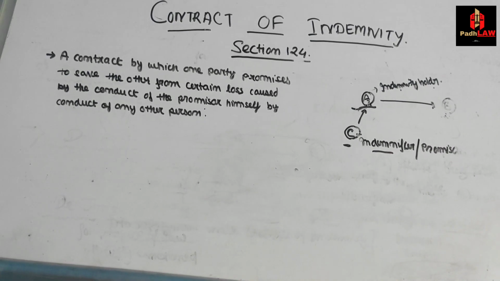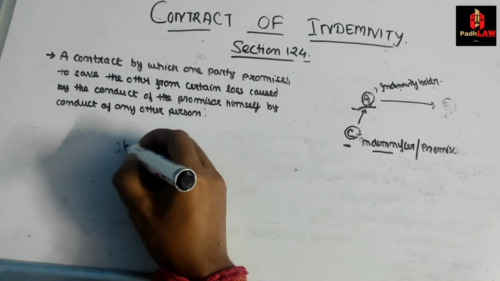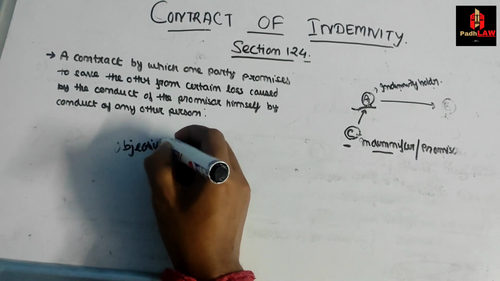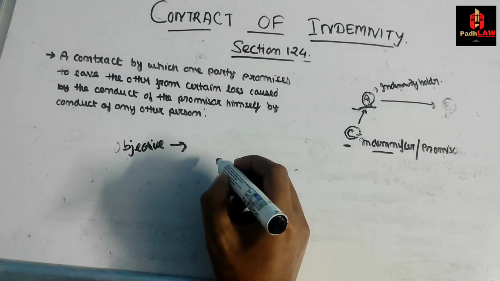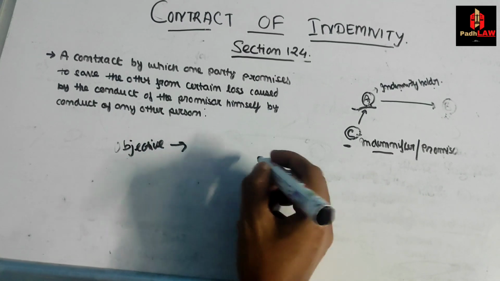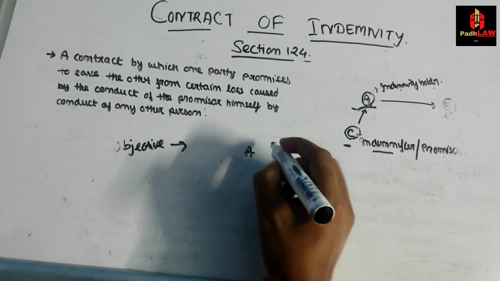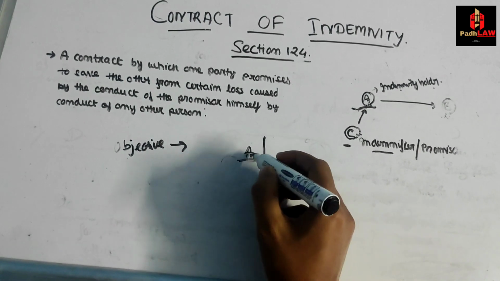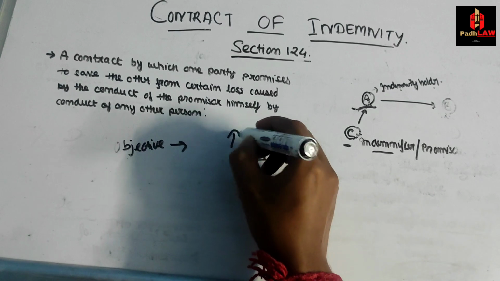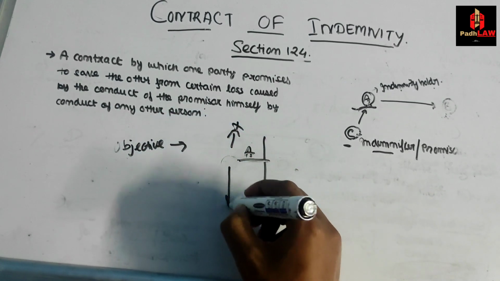So these were the essentials. Now object क्या है? What is the objective of this indemnity? Objective of this indemnity is putting the person in loss in the same condition that he was before. अभी A था, इस स्लैब में A था, ठीक है. A का कुछ लॉस हो गया, वो ऊपर जाना था लेकिन वो ऊपर नहीं गया, वो नीचे आ गया.